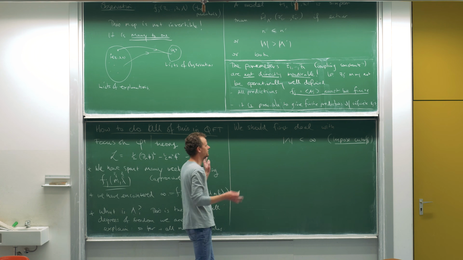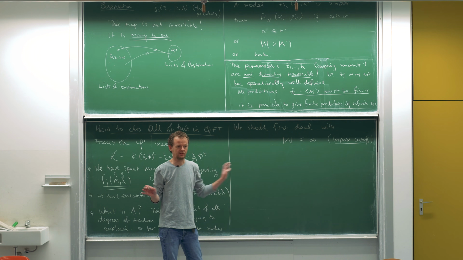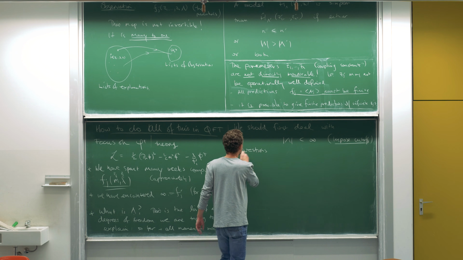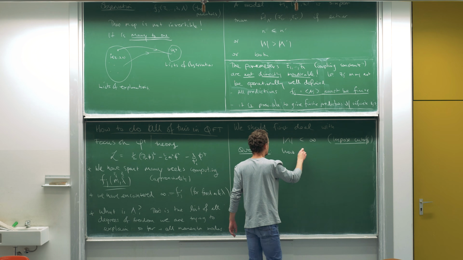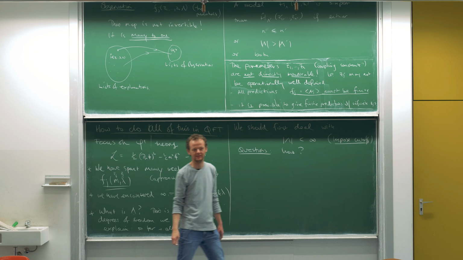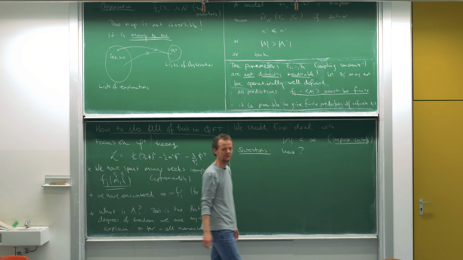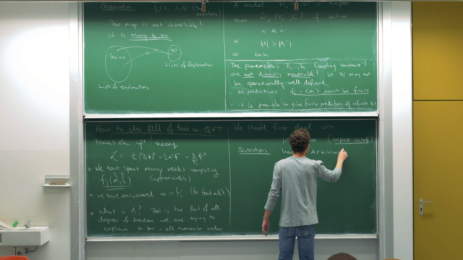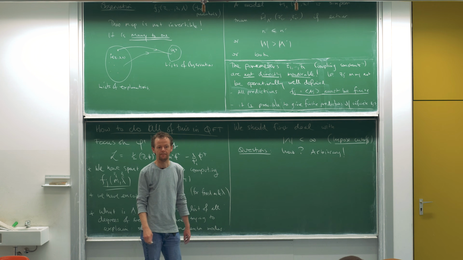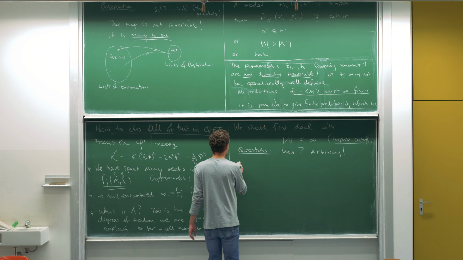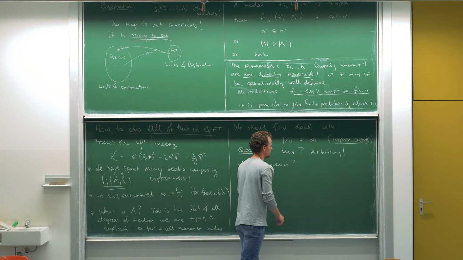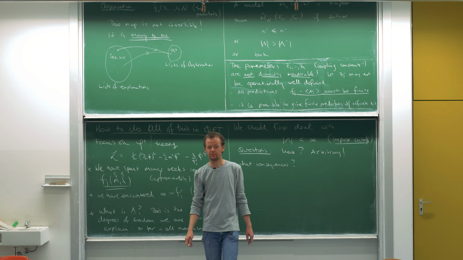Now, there are various questions that this immediately throws up. How? It's totally arbitrary how you restrict to a finite number of degrees of freedom. That's problem number one. Problem number two: what consequences will this have for our predictions?